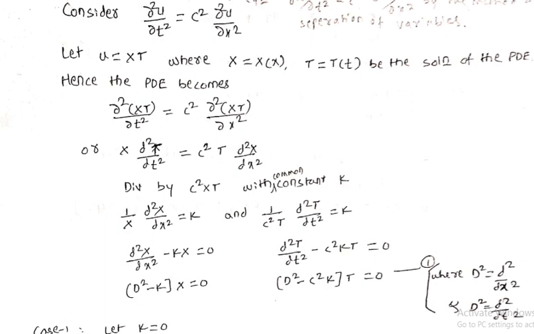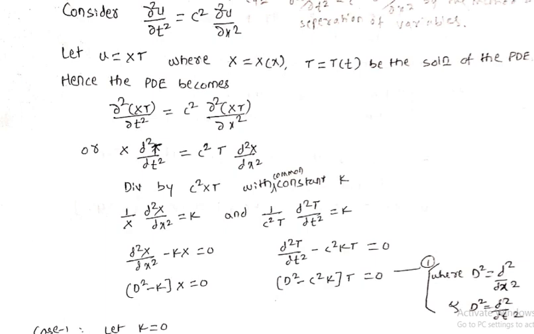In both, capital T is common. In the first bracket capital D denotes d by dx, and in the second bracket capital D square denotes d square by dt square. These two equations will be denoted as equation number 1.